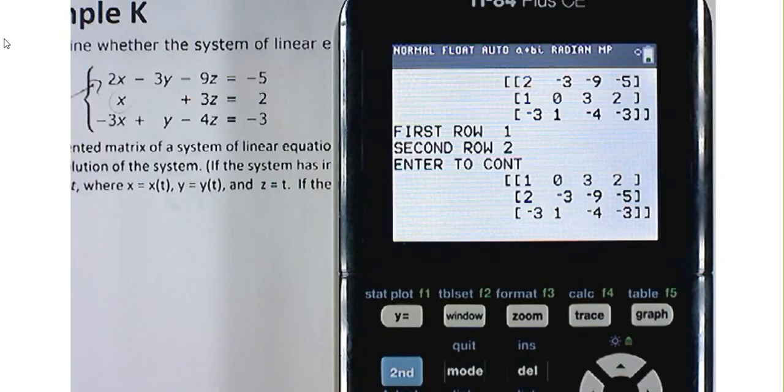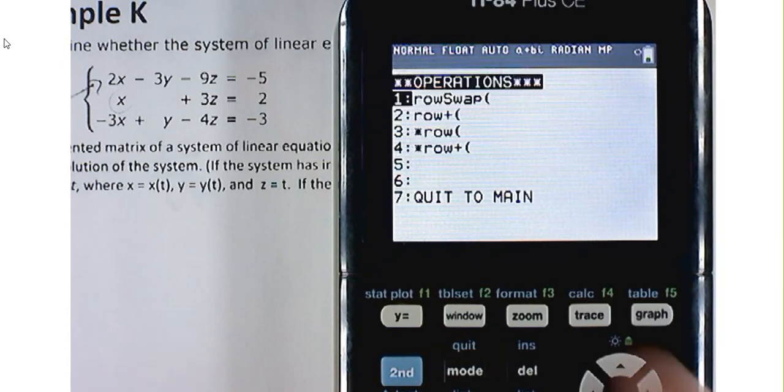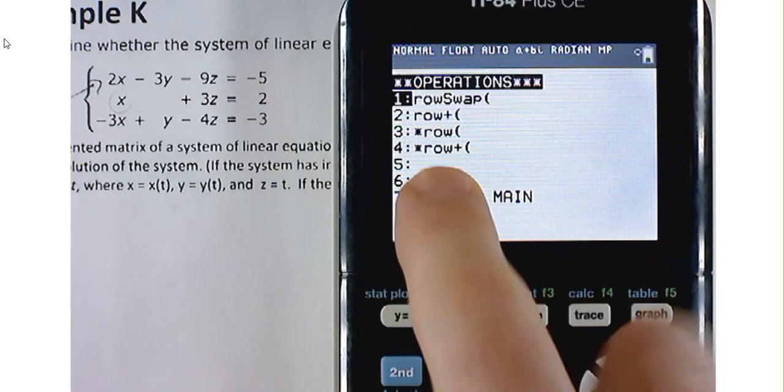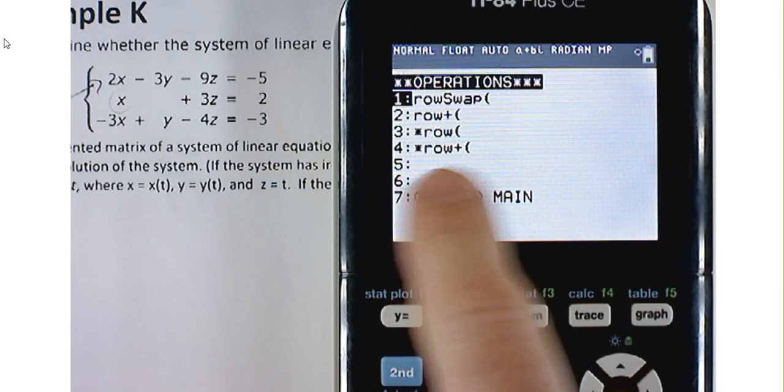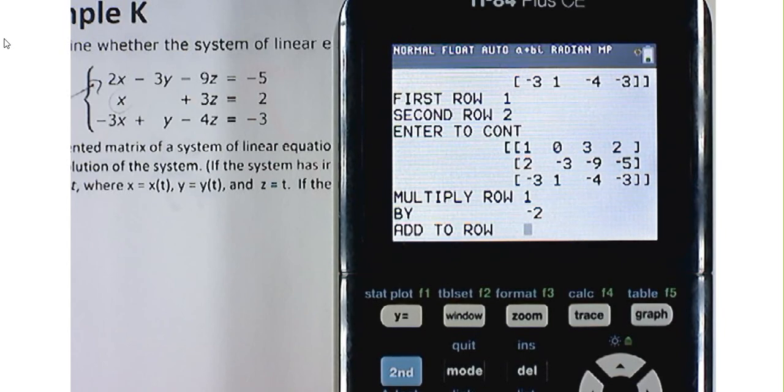Let's see what happens as we do that. So the first thing to do is to get a 0 where that 2 is. I'll multiply row 1 by -2. So that's a row, multiply row add, the 4th command. Multiply row 1 by -2, add it to row 2.